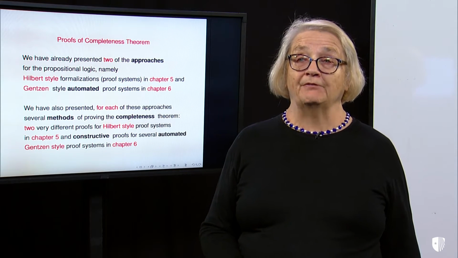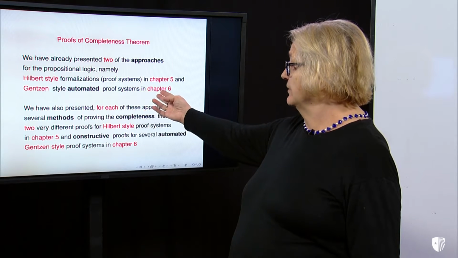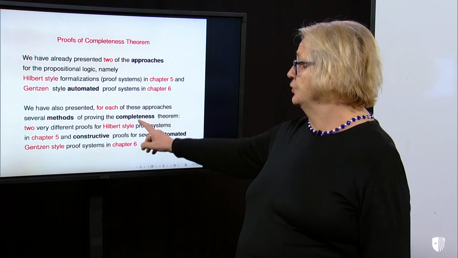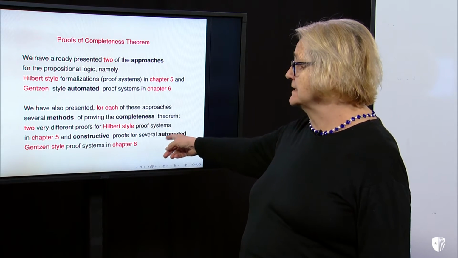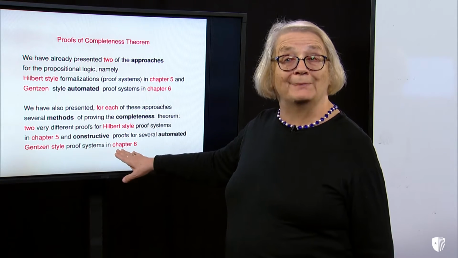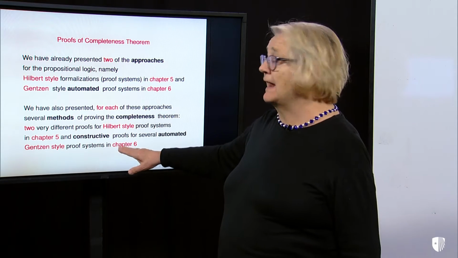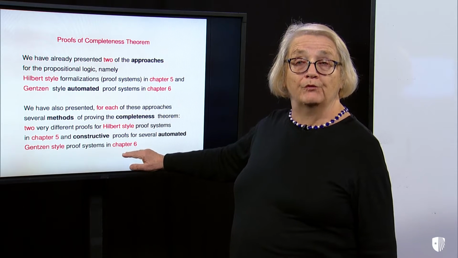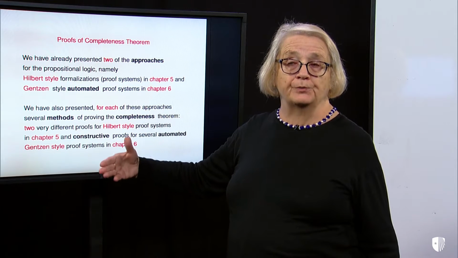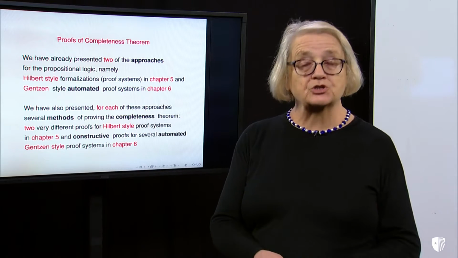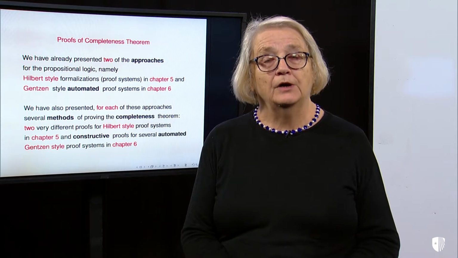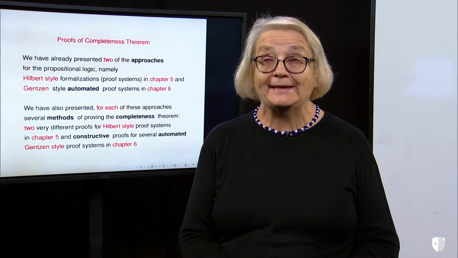So it was Chapter 5 for the Hilbert-type proof system and Gentzen automated theorem proving in Chapter 6. Then in Chapter 10, we will generalize the propositional proof to predicate logic. It is a very beautiful proof and much simpler than what I'm going to talk to you about today.